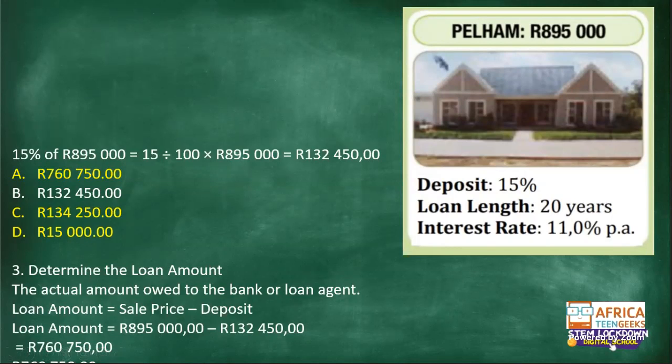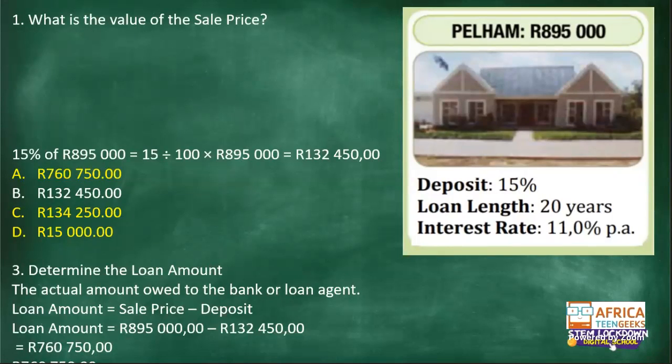But at the same time, we are informed that you may also pay the deposit, and the deposit in this case will be 15%. Now, the key question that arises is, what is the value of the sale price?